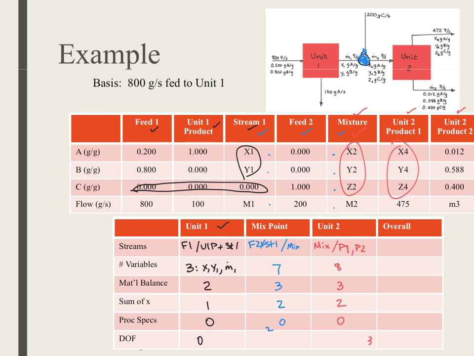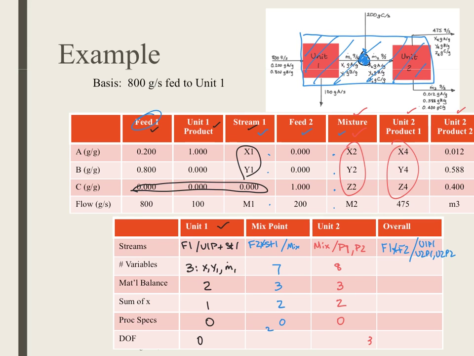What about that overall balance, however? The overall balance is when I block off all of this, and I have my feed 1 and feed 2 come in, and then what leaves is Unit 1's product and Unit 2's product 1 and 2. So I have 5 streams involved here.